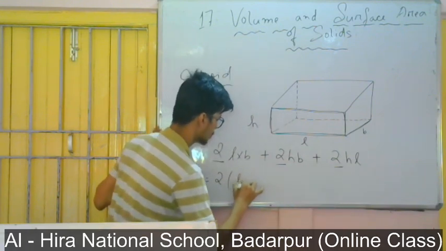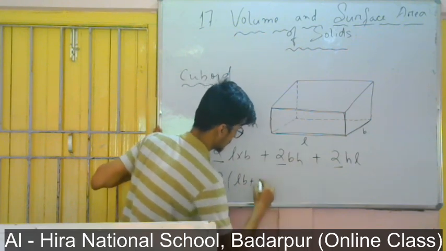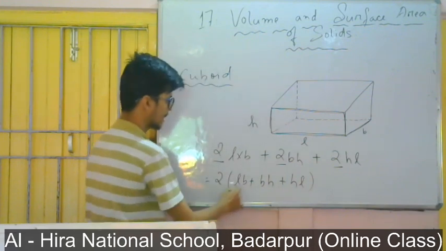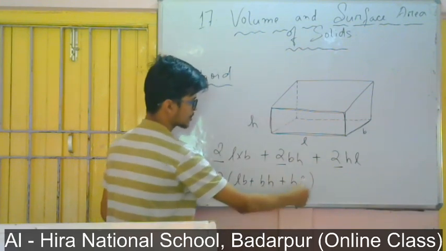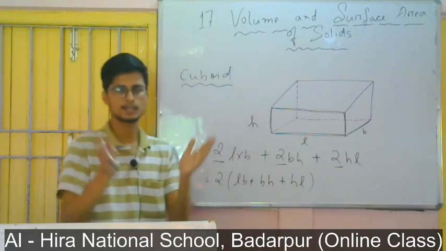It will be 2 into LB plus BH plus HL. It will be easy to remember: LB, then BH, then HL. This is the total surface area of a cuboid.